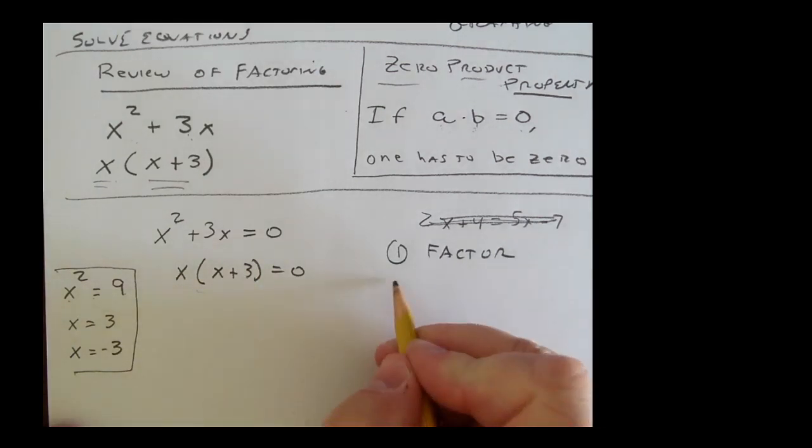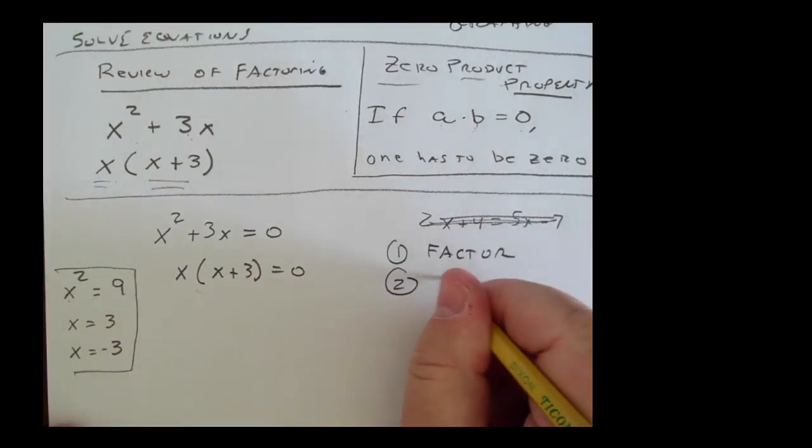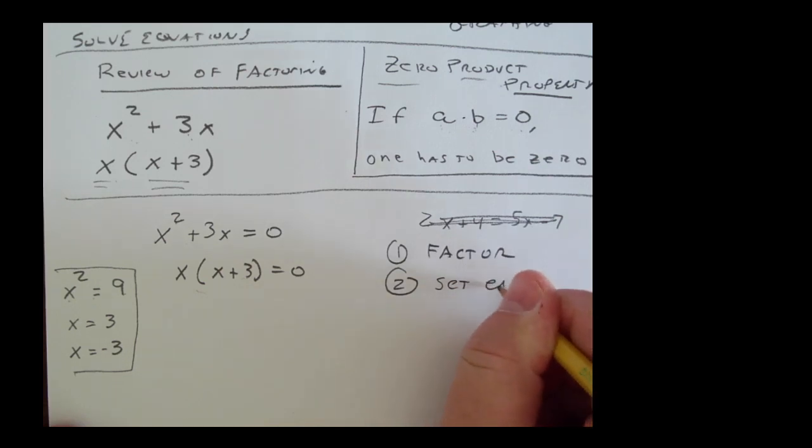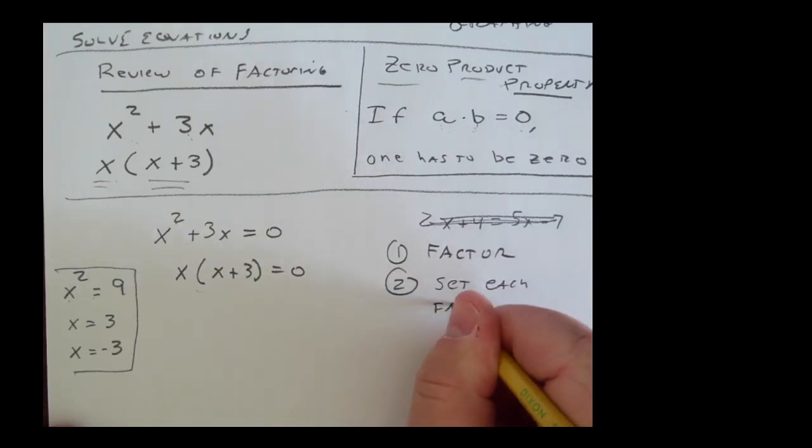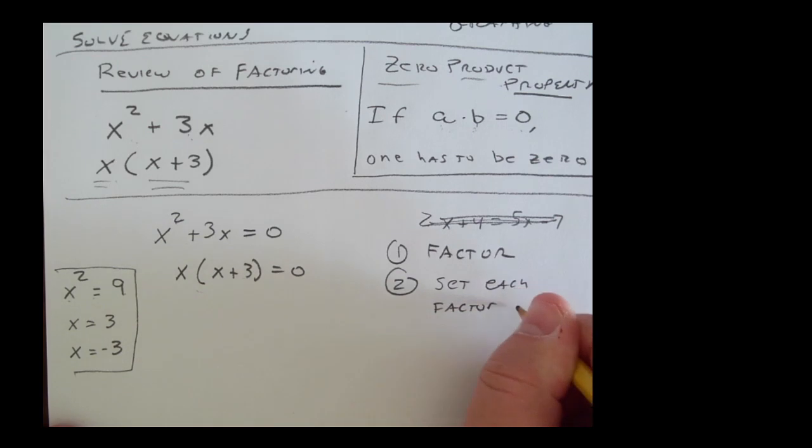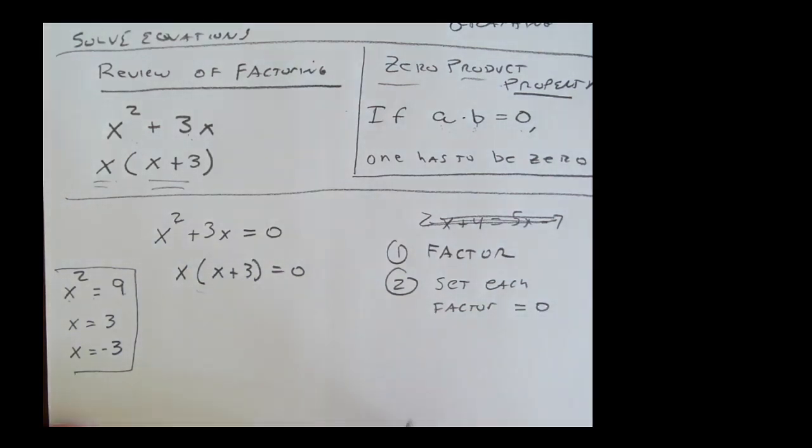We have factored that. Step 2, set each factor equal to 0. One factor, two factors. x equals 0, x plus 3 equals 0.